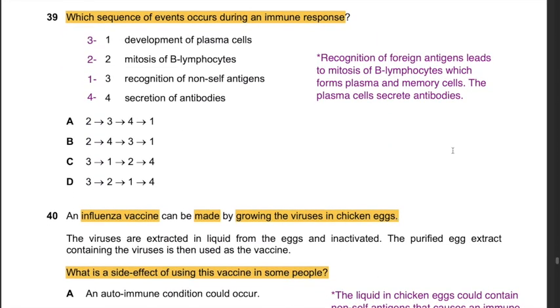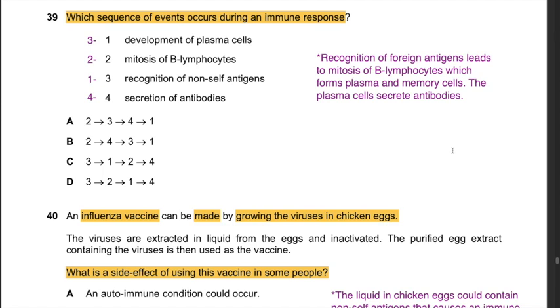Question 39. Which sequence of events occurs during an immune response? Immune response always starts with the recognition of non-self antigens or foreign antigens. So, the sequence of events should start from 3, leaving us with the answer being either C or D. 3 talks about the recognition of non-self antigens, which occurs first. Recognition of non-self antigens leads to mitosis of B lymphocytes.